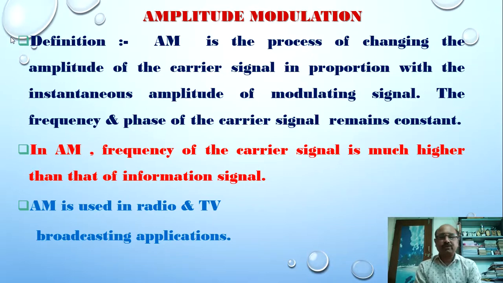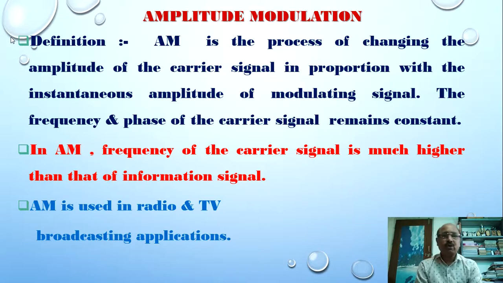In analog modulation, both the signals are sinusoidal signals. One of the signals is a low frequency signal, and the other, the carrier signal, is a high frequency signal.